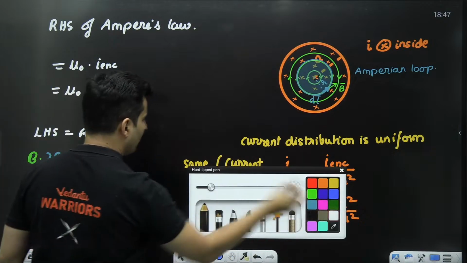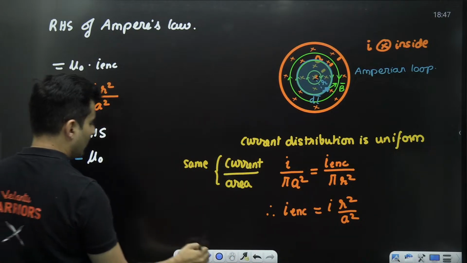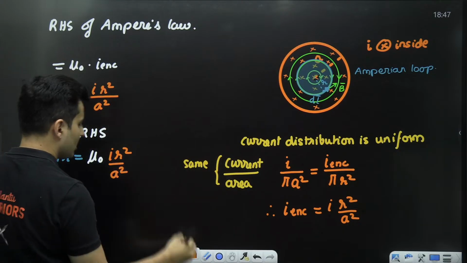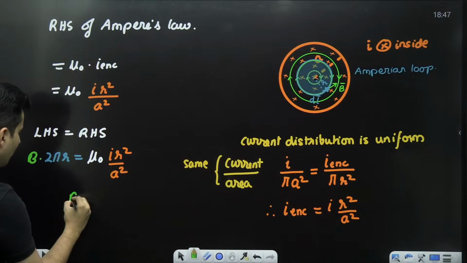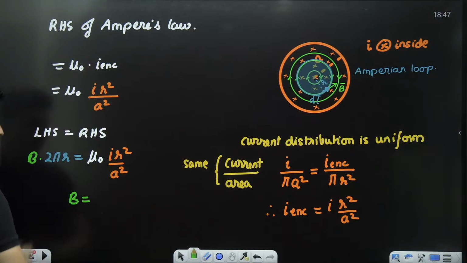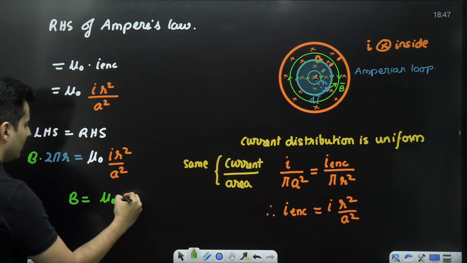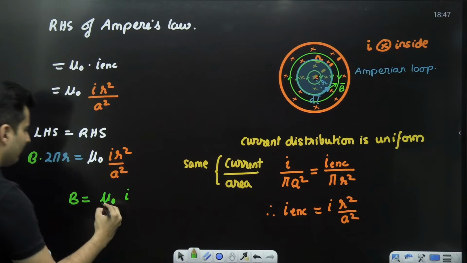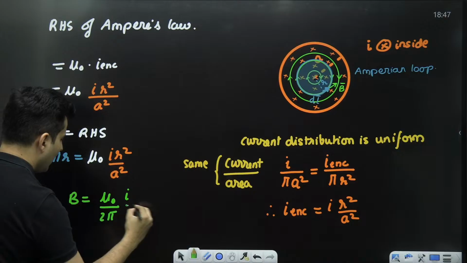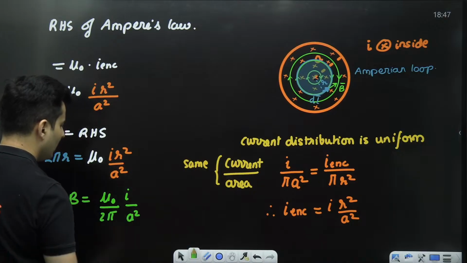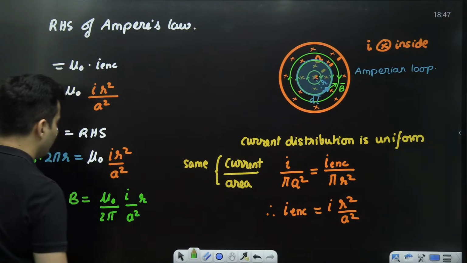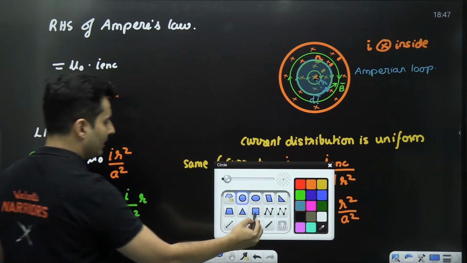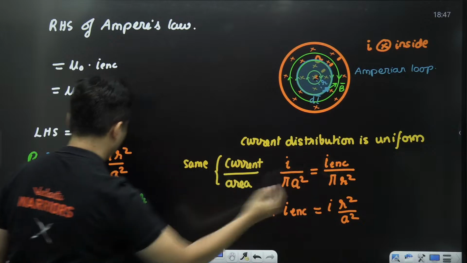RHS is nothing but your mu naught into enclosed current, which is I r square by a square. So therefore, I will get the magnetic field as mu naught current. R got cancelled, 1 r will remain, 2 pi will go below, a square will remain below, and then you just have r over here. So this is the magnetic field.